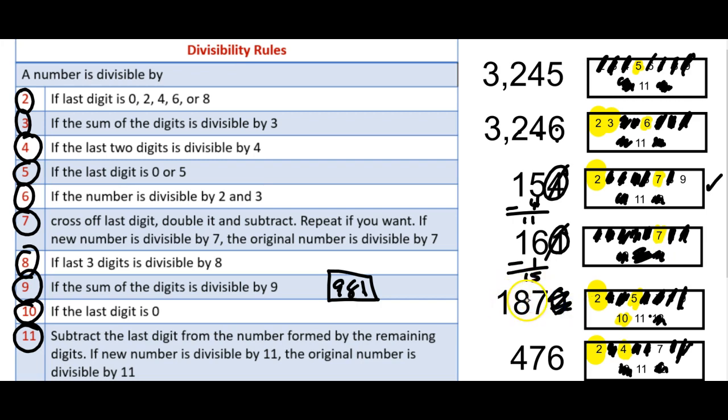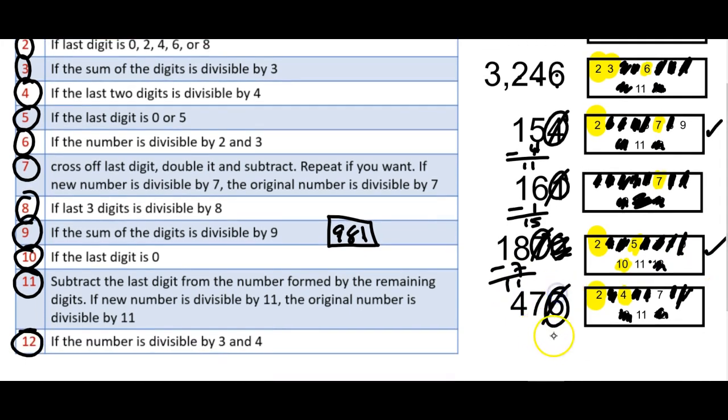Don't know off the top of my head if 187 is divisible by 11, so let's keep going. Cross off the 7, subtract it right here, and I do get an 11, which once again 11 divides into 11, so that will work. And then for the 476, cross off the 6, subtract it, I get 41. 11 will not divide 41, so let's knock it out.